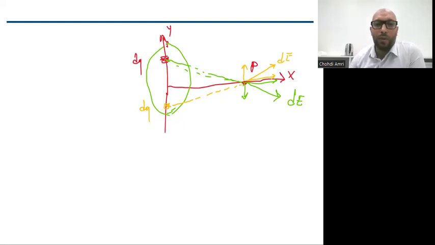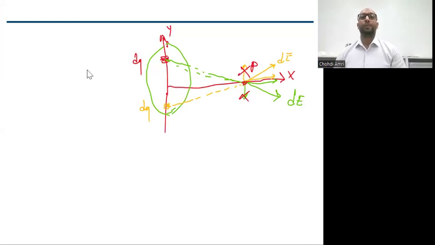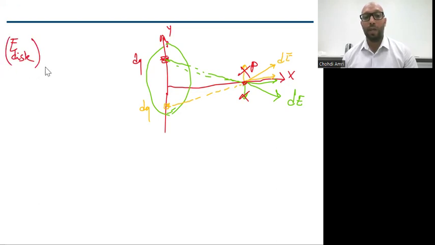What do you think about these two y components? They will cancel each other because we have the same distance and the same magnitude of the charge dq. So one upward, one downward will cancel each other. Good. Now, only the x component will be taken into consideration. Why?